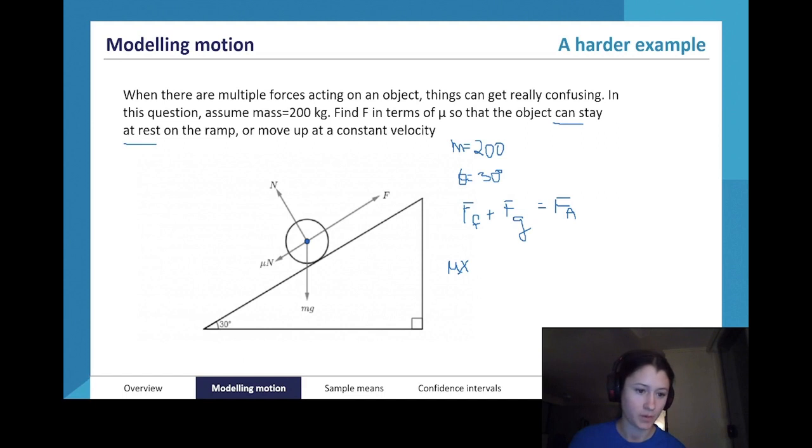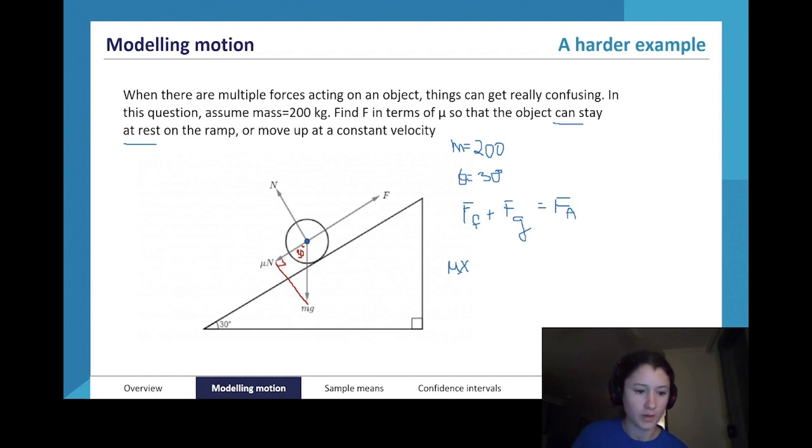So quickly drawing this on a right angled triangle, where this is 30 degrees, of course, because these two lines are parallel. So this gives us 30 degrees here.